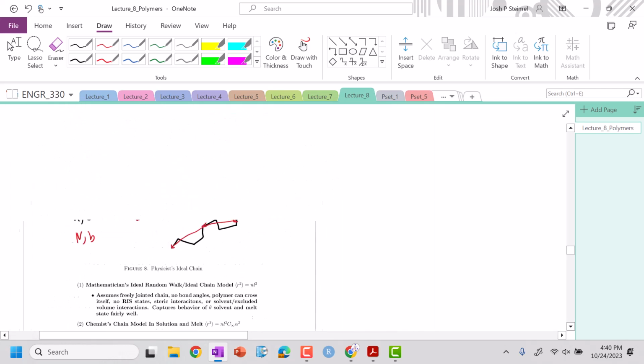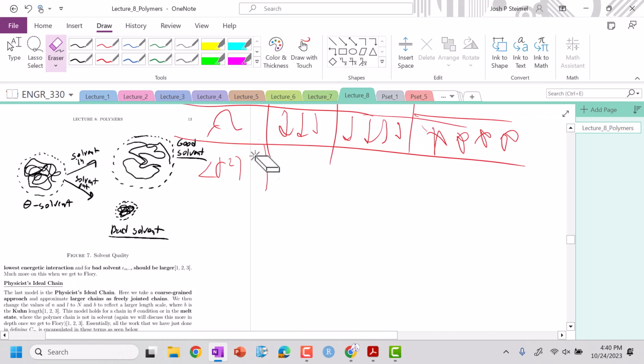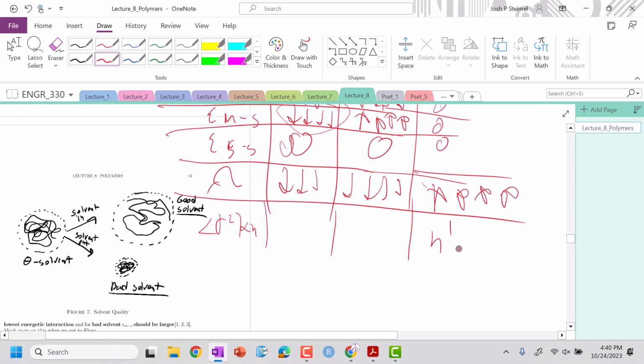Actually, we'll do the R squared scaling. In my scaling as a function of n, my n here was to the 1 power. Now, if I'm in a good solvent, I should be larger than this scenario. So my n actually scales to the 6/5. Here, it's to the 2/3, I believe.